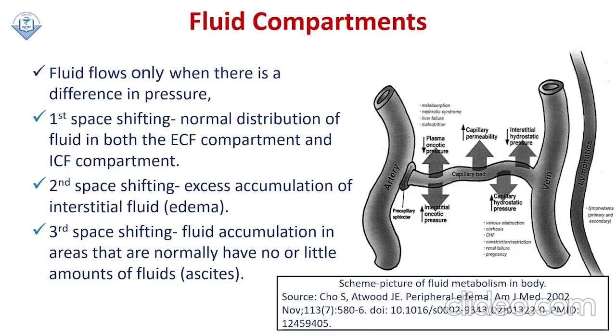Second, space shifting is when excess accumulation of fluid is in the interstitial area, it is edema. And third, space shifting is when fluid accumulates in an area that normally has no or little amounts of fluid. The second situation is an example of edema. The third situation is an example of ascites, an excessive process of accumulation.